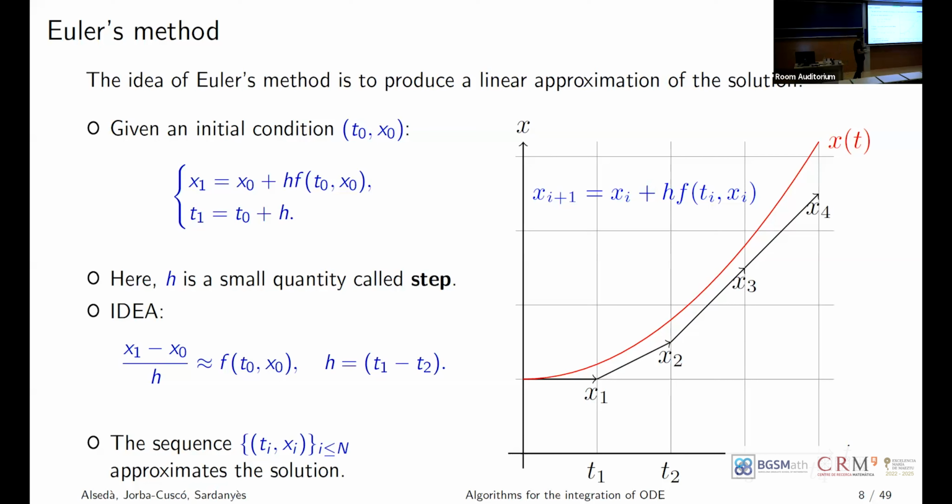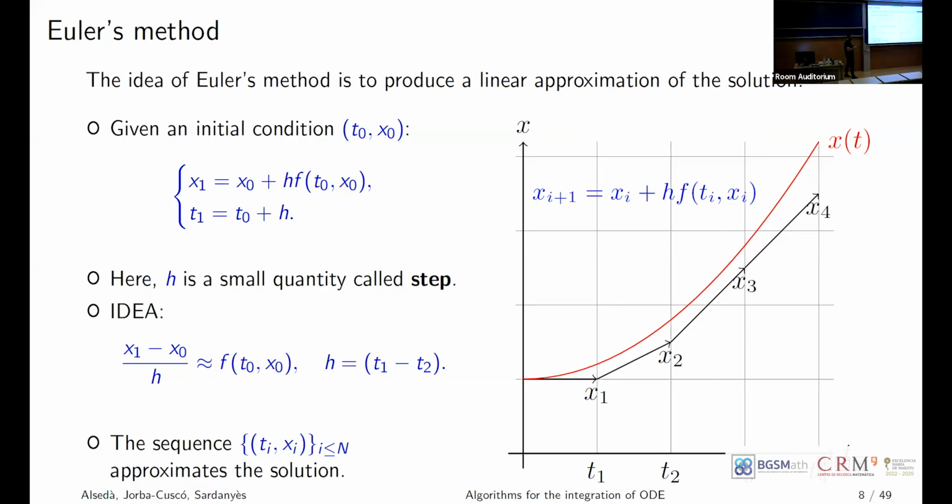This is data from the problem. And here h, sorry, this should be t2 minus t0, to make the formula for the numerical derivative work.